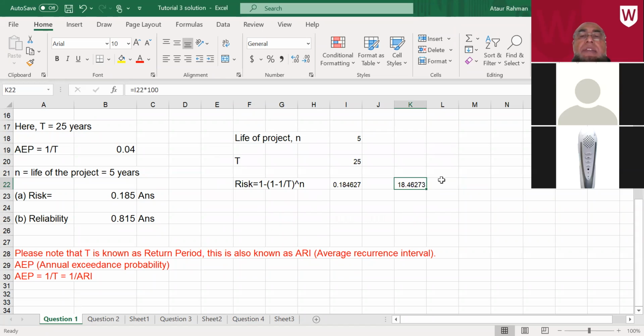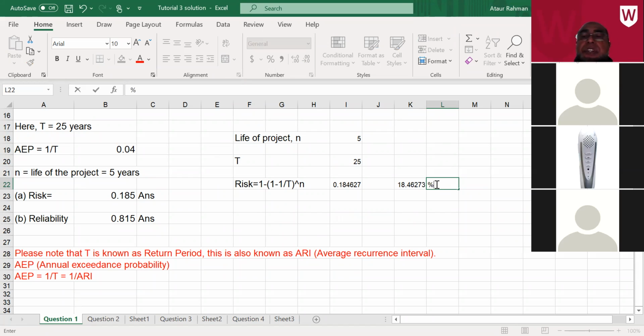Do you think it's a high risk or low risk? 18% risk. Low risk, Prof. I think it's a high risk because 18% is quite high. It is almost a 1 in 5 chance, which is quite high risk in my opinion.